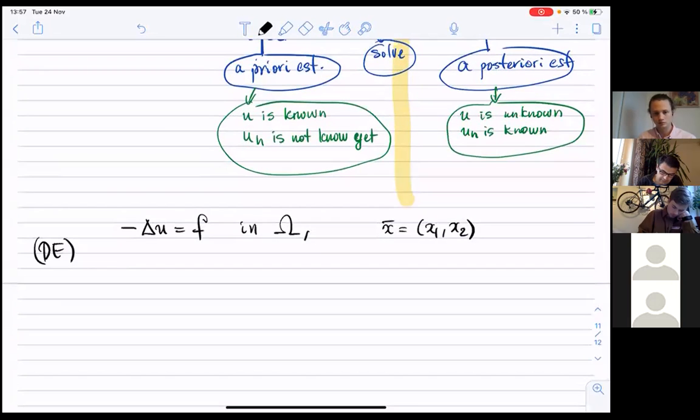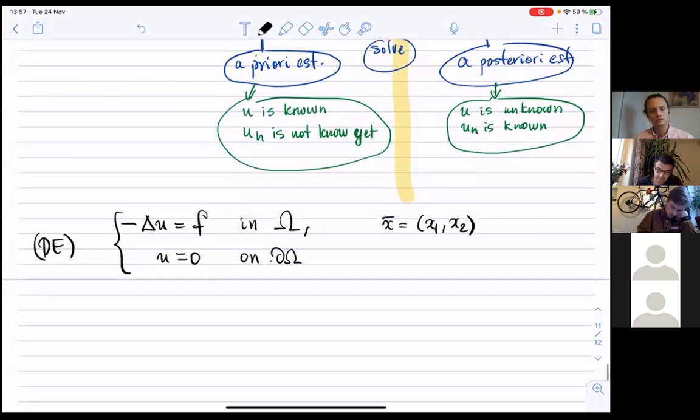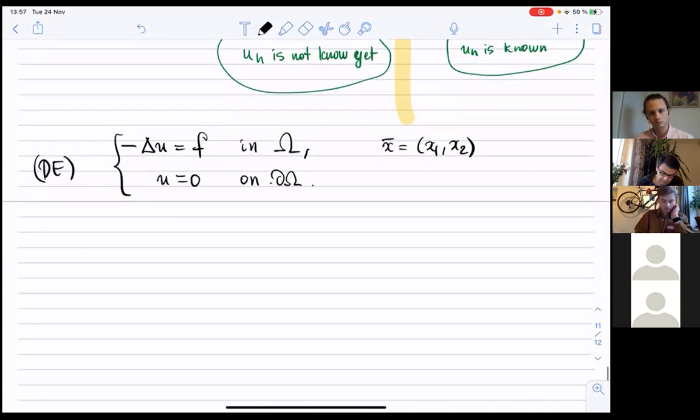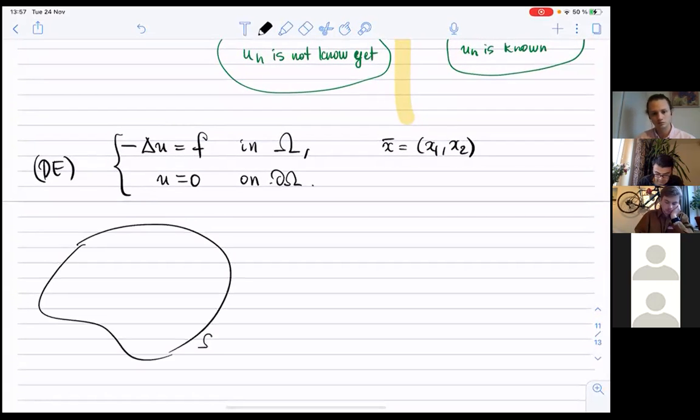For simplicity, we assume that u is 0 on the boundary of omega. And omega could be like this domain. It doesn't have to be the unit square. It could be some complicated domain. The boundary of this domain we denote by d omega.